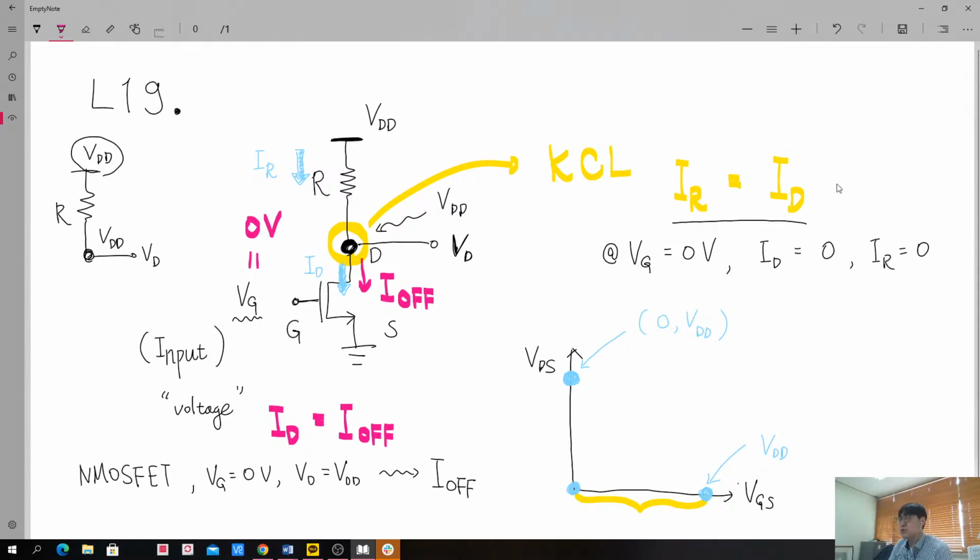KCL is still true, but ID is no longer 0, it becomes Ioff. So the resistor current should also be Ioff. In order to support this Ioff, what will happen?